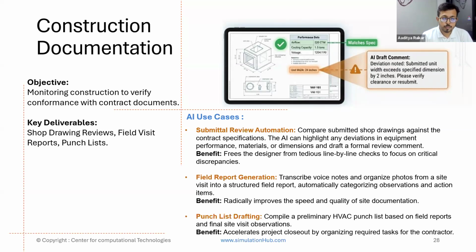So for testing also it will be helpful. There might be some rule checker agents too; many organizations have different rules for creating construction documentation, so it can check whether your documentation or drawings adhere to your organization's rules.